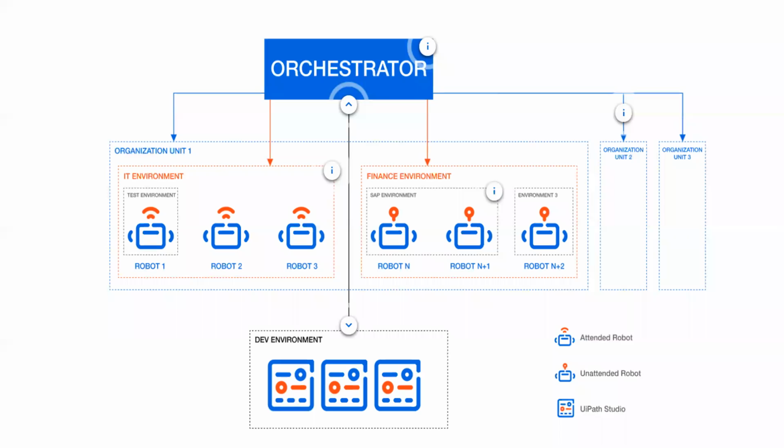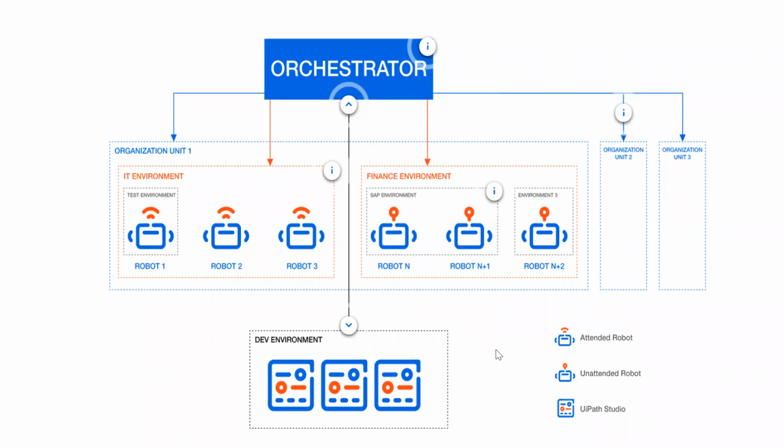So you publish it, give it a proper name which you want to see in the orchestrator, and then you use that package by assigning it to a robot, which will further be assigned to an environment, and then to an organization within an orchestrator. This is how the complete orchestrator architecture can be understood.